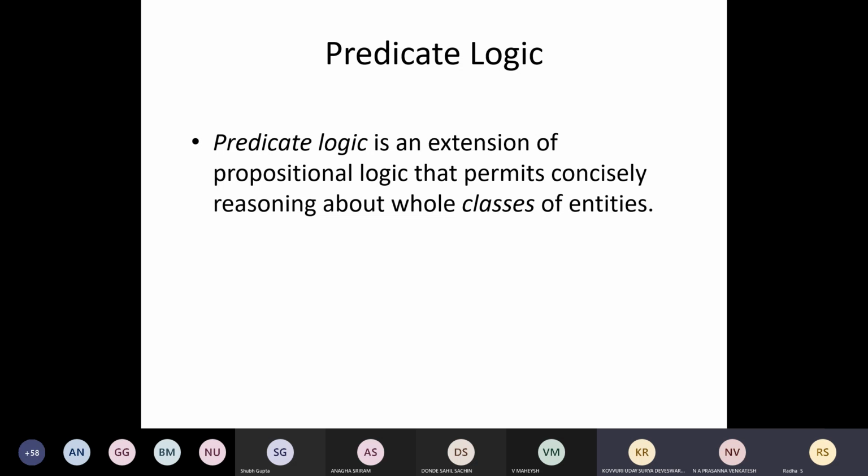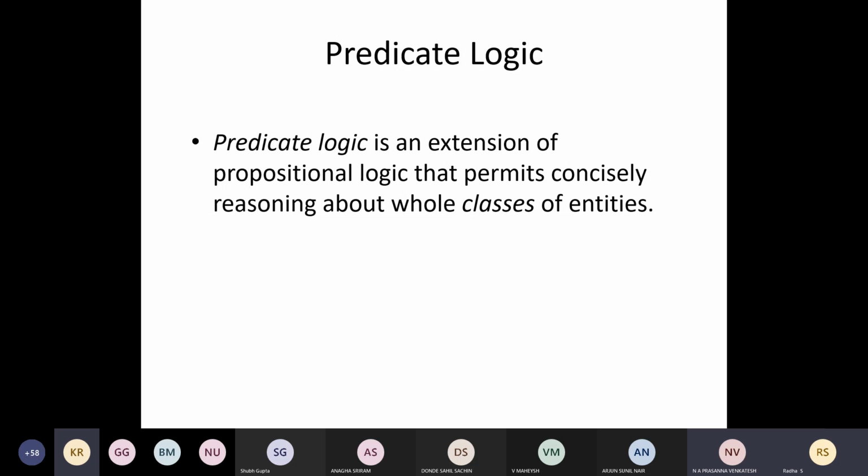Subject is like the topic or an object we're talking about, and predicate is something that's related to the object that we're going to talk about. Okay, correct.